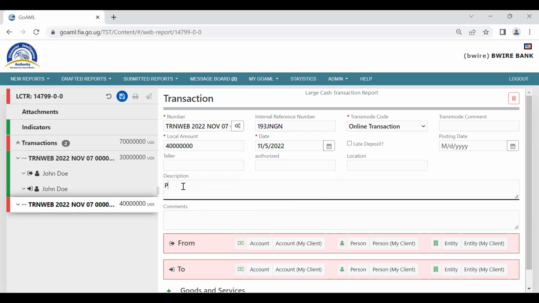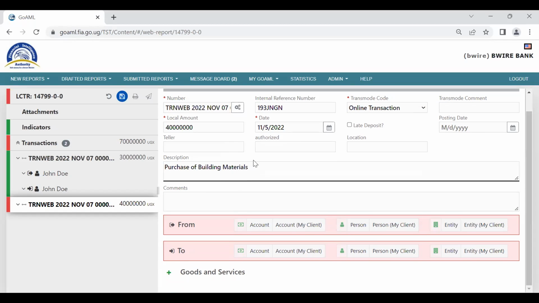I say purchase of building materials. So my company is buying building materials and we are transferring money to another individual.